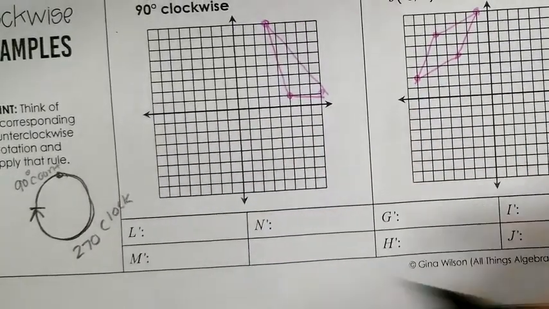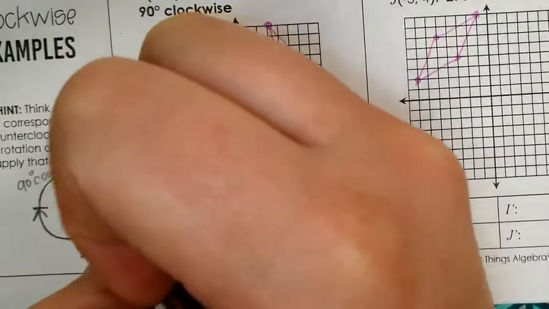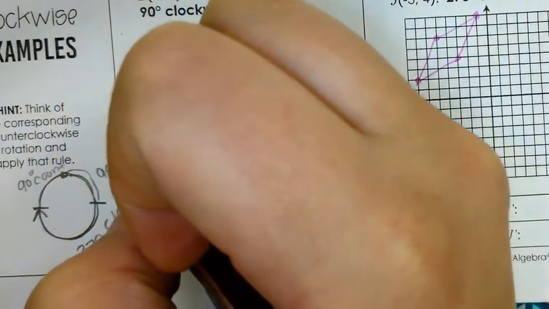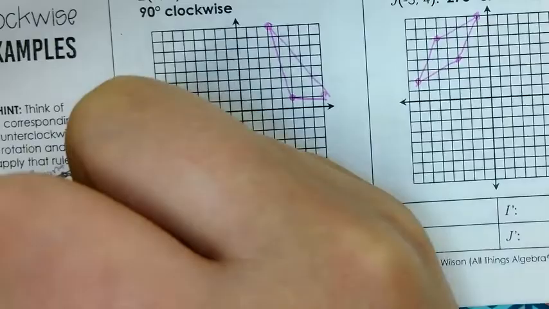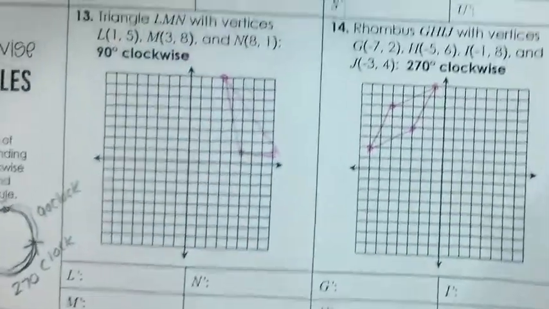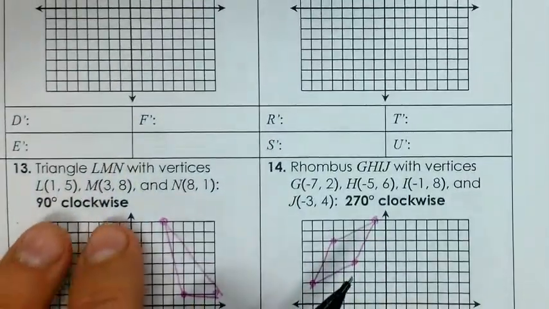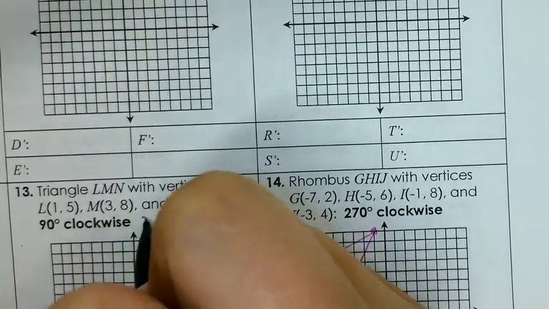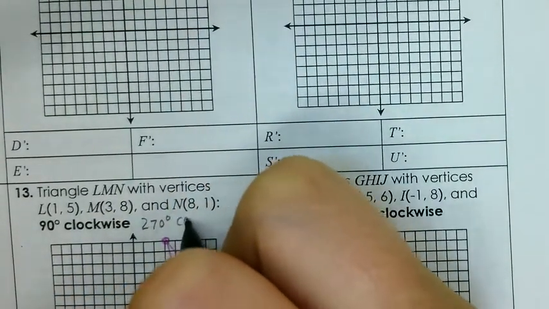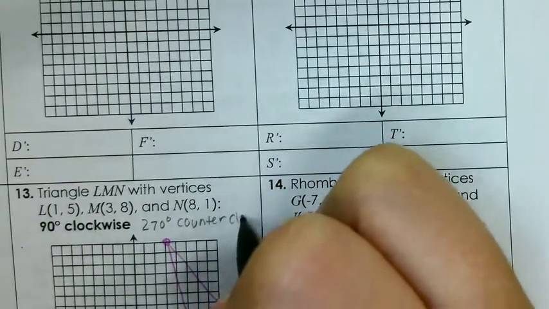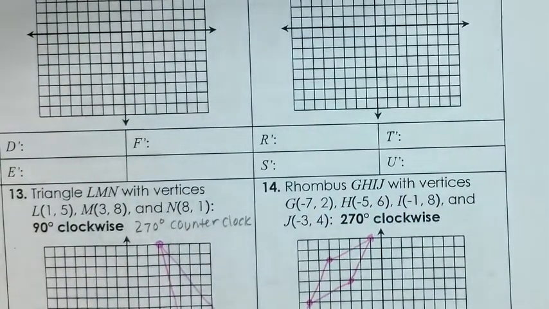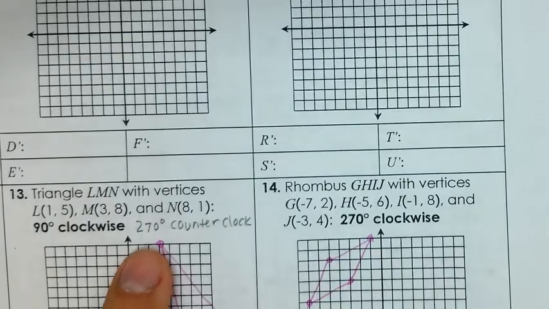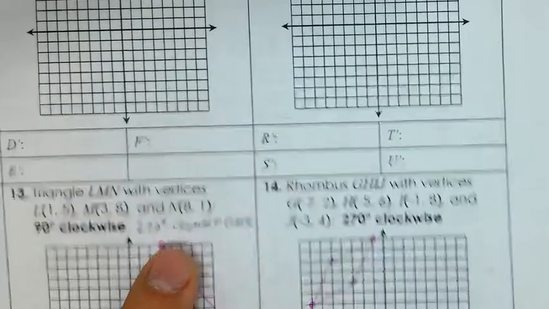The same thing goes that if we went 90 degrees counterclockwise, we went 270 clockwise. So when we're doing clockwise examples, we are really just doing 270 counterclockwise. So we need to look at the rule for 270.